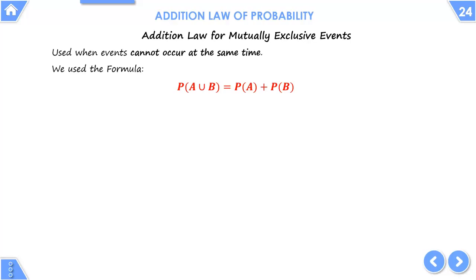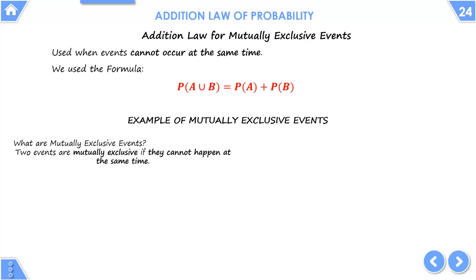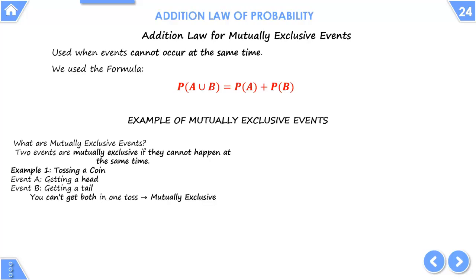So the addition law for mutually exclusive events applies when events cannot occur at the same time. Examples of mutually exclusive events: tossing a coin. Event A, you get a head, and event B, you get a tail. You can't get both a head and a tail in a single toss, so it's mutually exclusive.